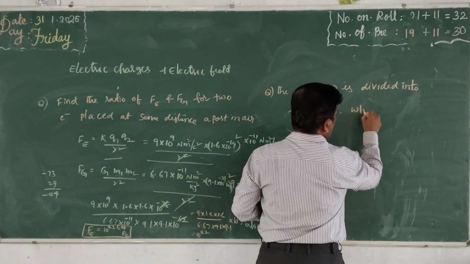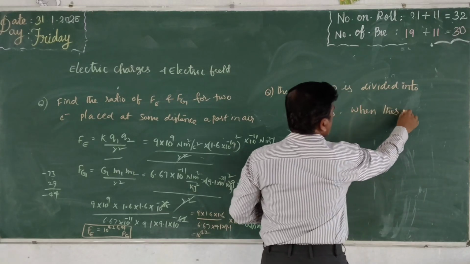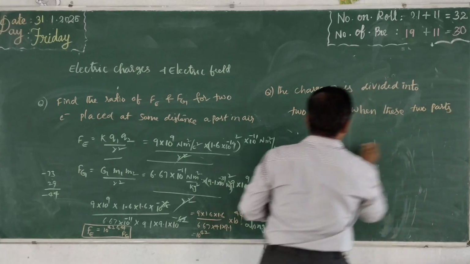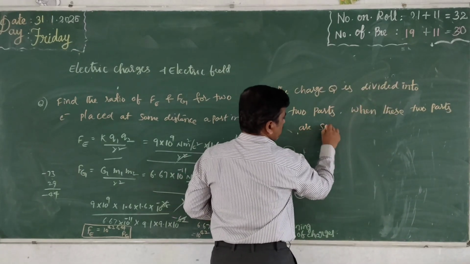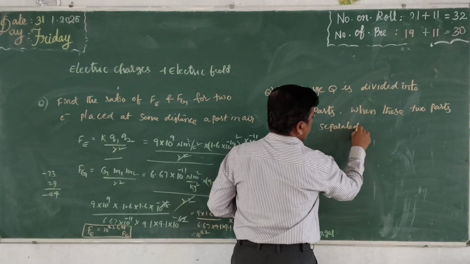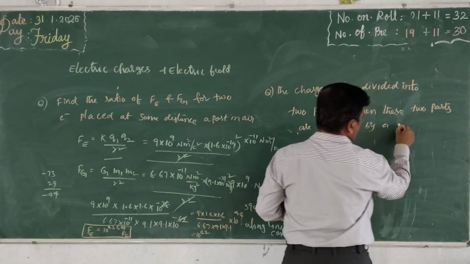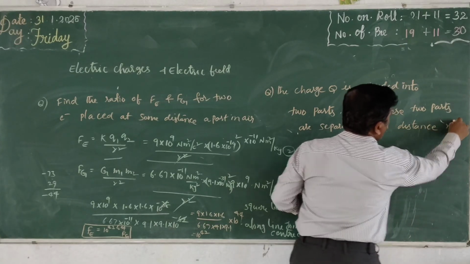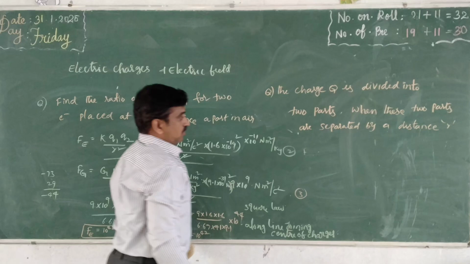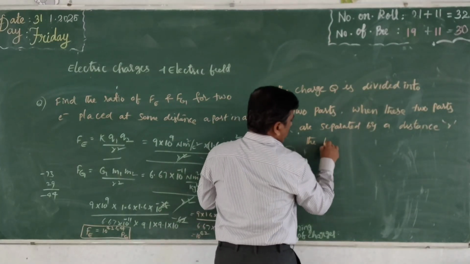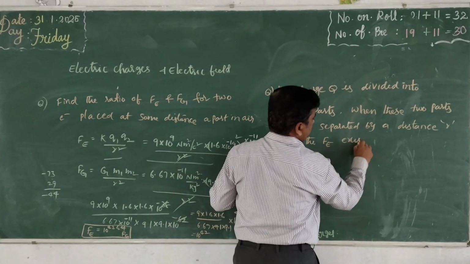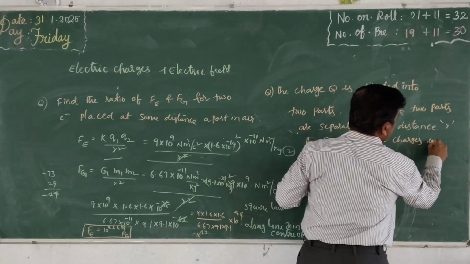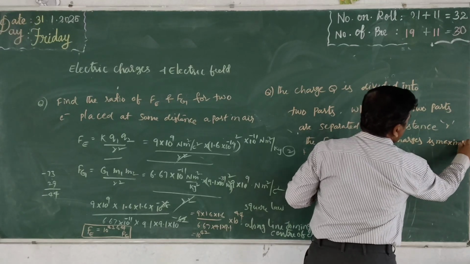When these two parts are separated by some distance r, the electrostatic force that exists between the charges is maximum.